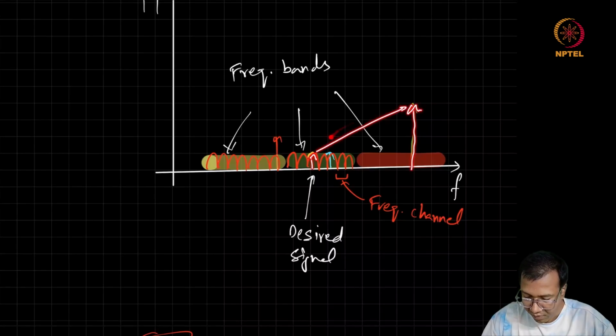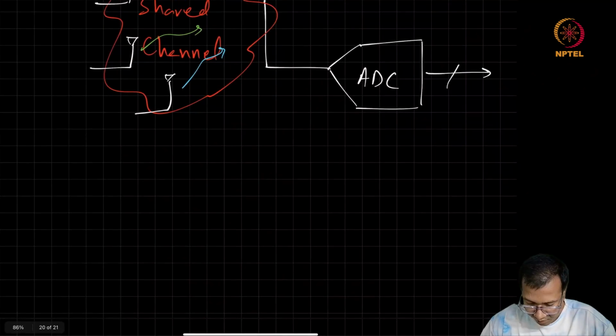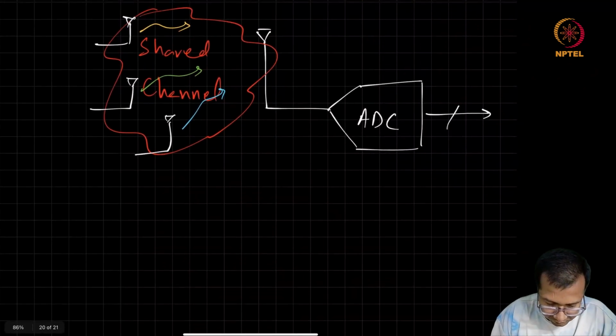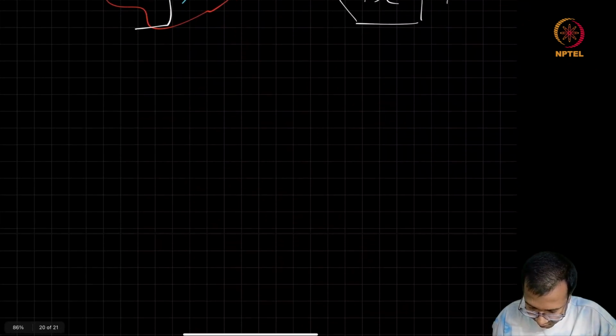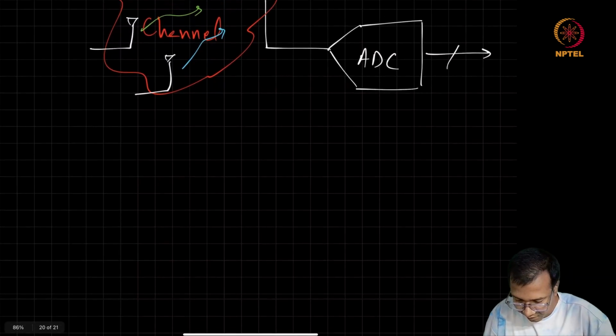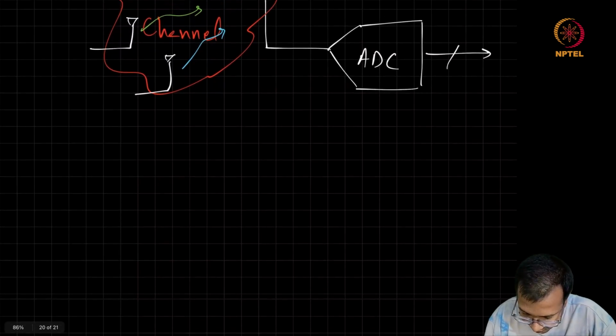You can see the power levels can be easily several orders of magnitude different, and the ADC should still perform the job satisfactorily. To understand the challenge in such an ADC design, let us look at the input-output relationship of a simple ADC.